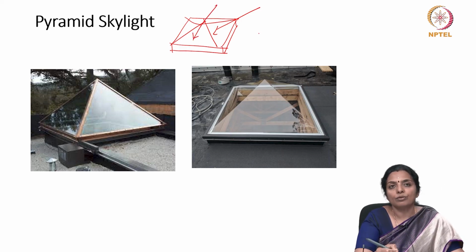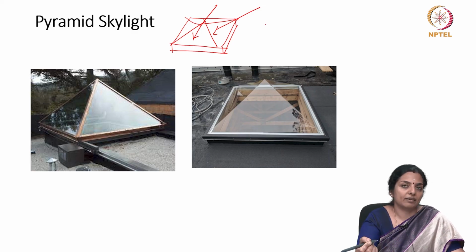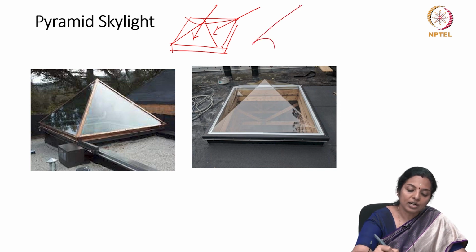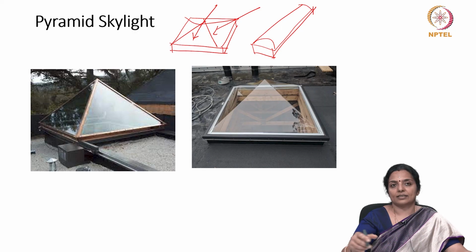This is also more appropriate for commercial areas, but it can be used in residential areas because it is not too big. Unlike the barrel vault, which is linear, and therefore it occupies more space on the terrace, the pyramidal skylight does not occupy so much space on the terrace.